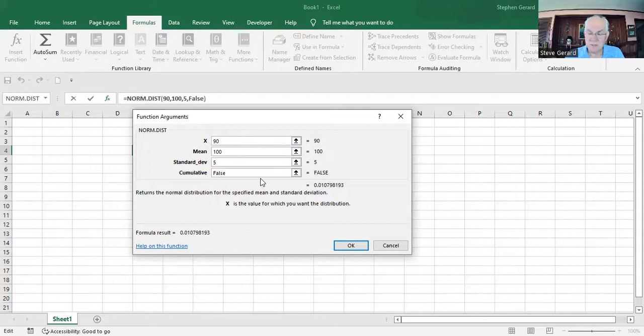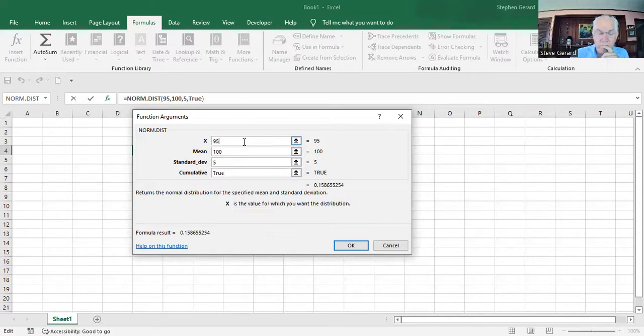So here's a question for you: what's the likelihood I'll score less than Jim? Well, for Jim, I could put 95 in here and use true, because true is our cumulative. If I put in true here, it'll give me a number, but that would also tell me that I get the same as Jim.